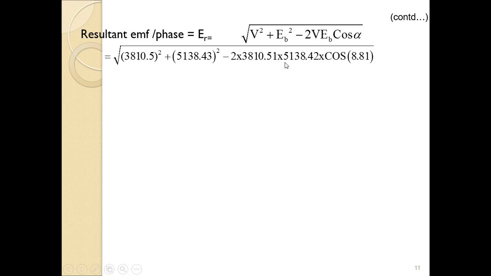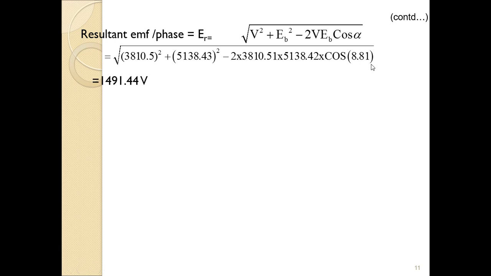EB value is the per phase value, that is 5138.42 into cos alpha, that is cos of 8.81 degrees.